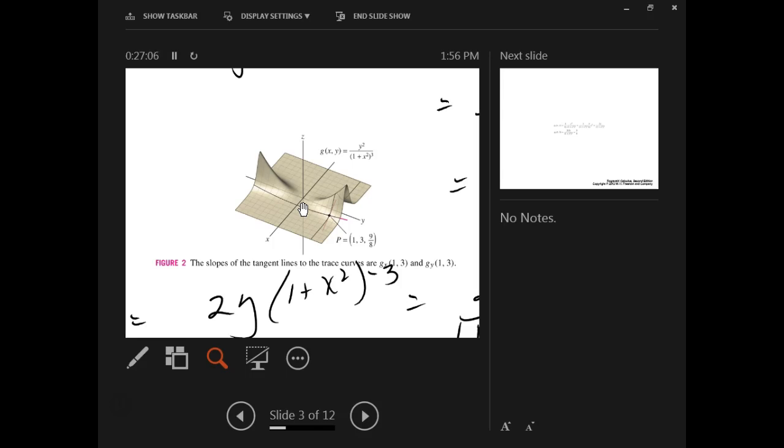Yeah, we said that. Now, we can also use the chain rule. There's a little blurb here. Caution: it is not necessary to use the quotient rule to compute the partial derivative in equation 1. We didn't.